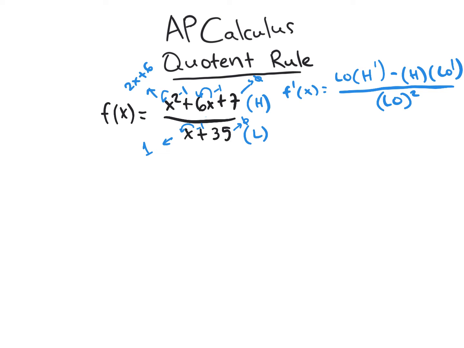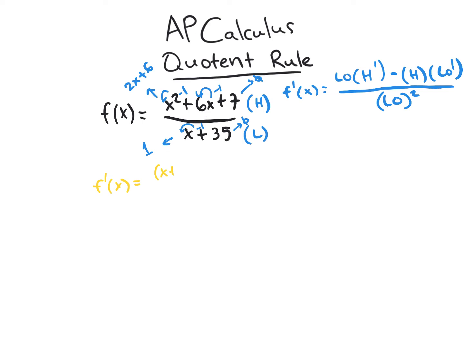Now we're ready to plug in. f prime of x is equal to low times derivative of your high.